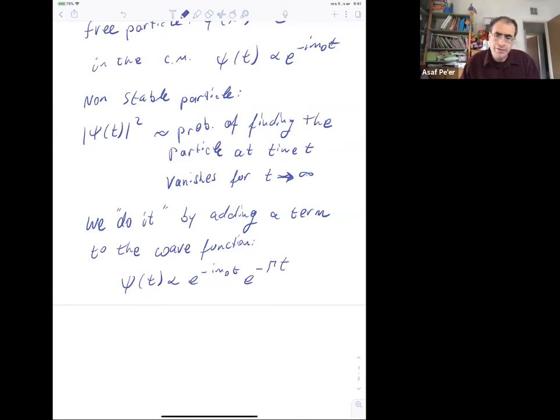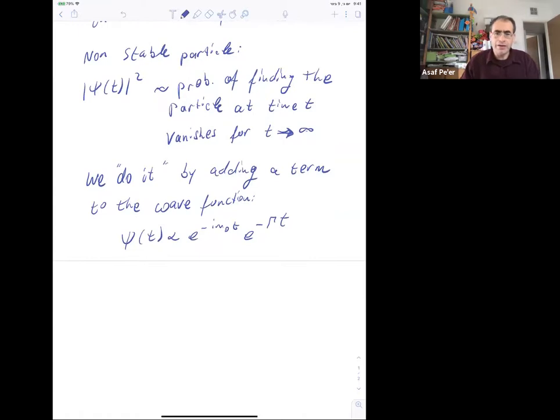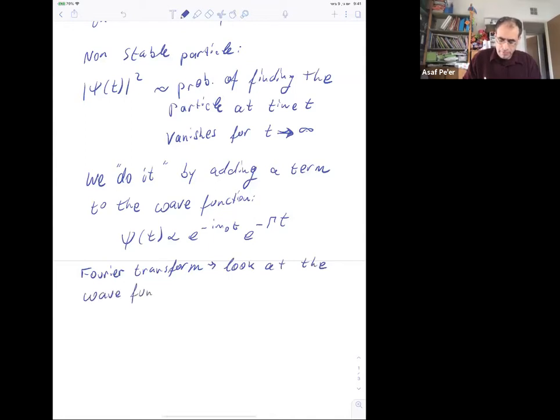Now this addition really affects the mass of a decaying particle. Because how it works, we just apply a Fourier transform and we look at the wave function in the energy domain.